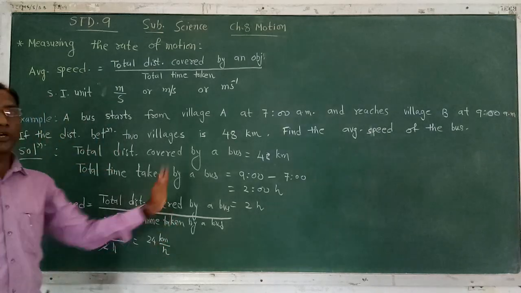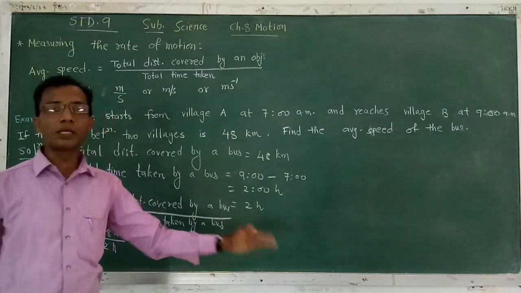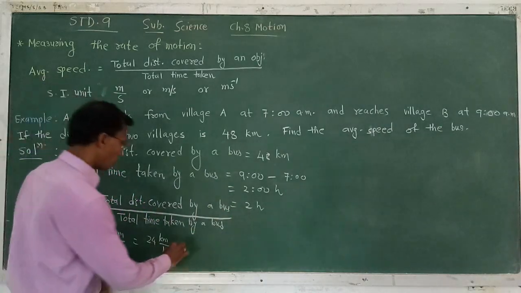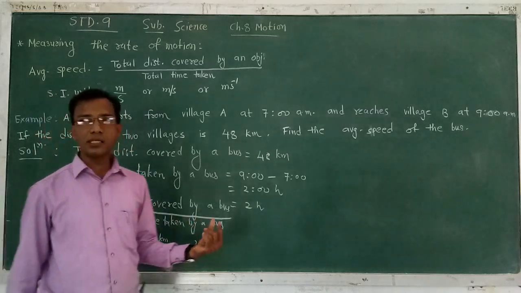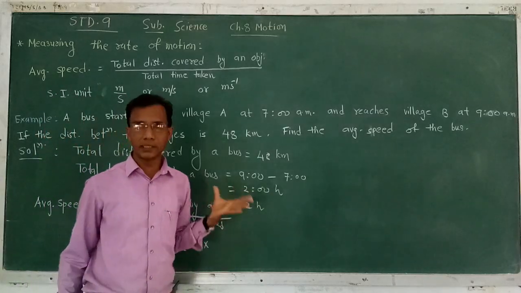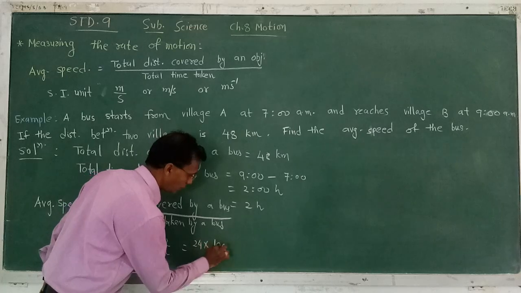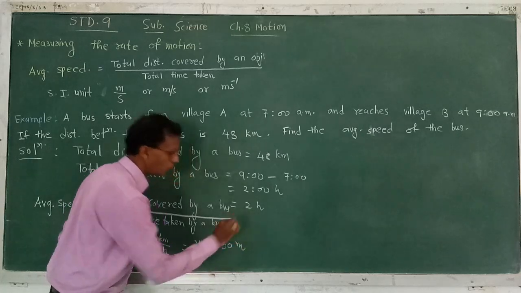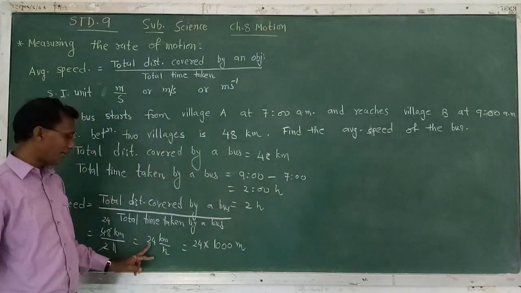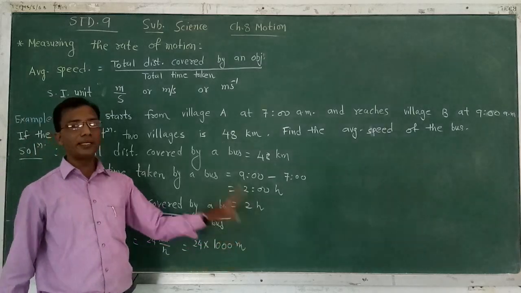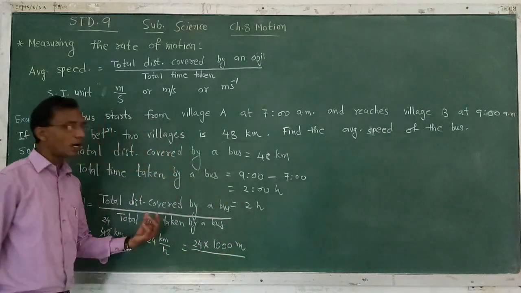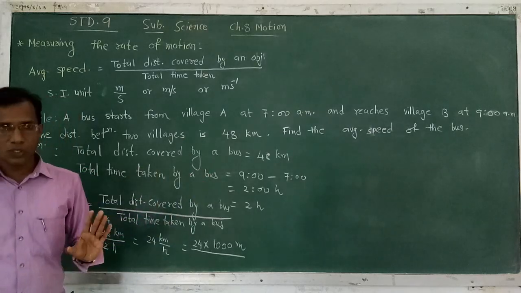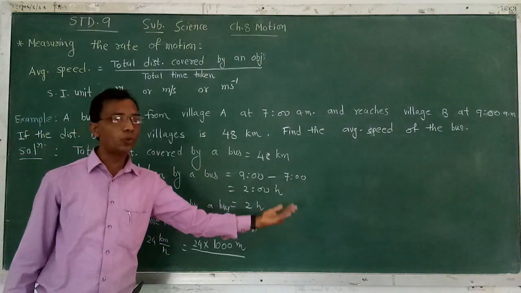Now convert this unit into the SI unit, that is meter per second. So 24. As you know, 1 kilometer is equal to 1000 meters. So multiply 24 by 1000 meter. Divide by, as we know, 1 hour converted into seconds. First we convert into minutes.